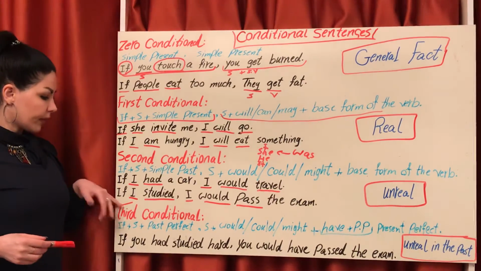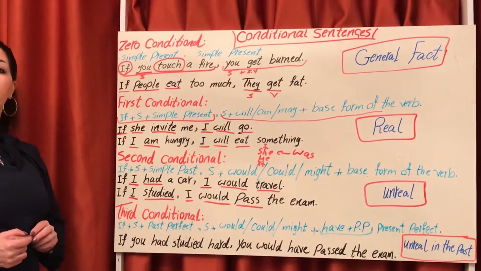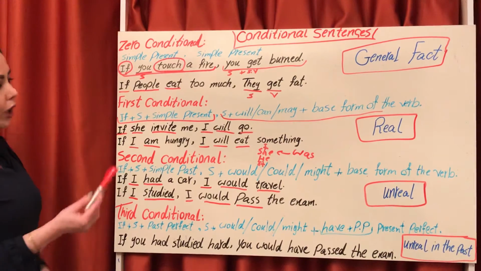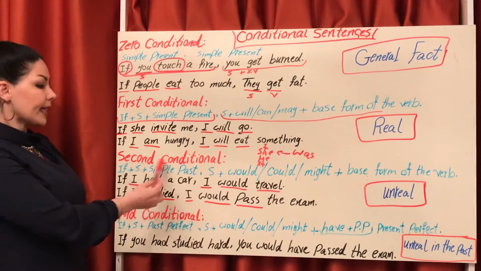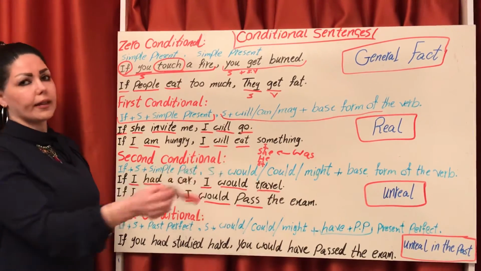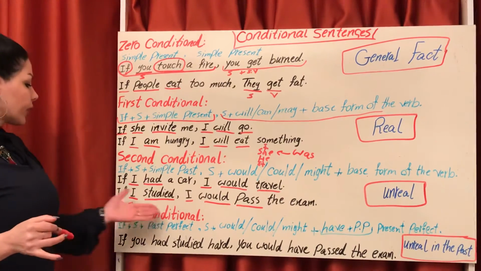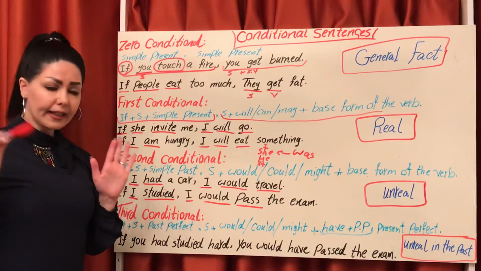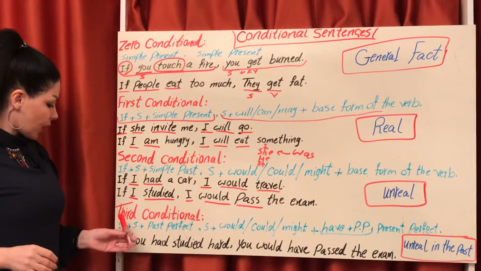Number 4, third conditional. When do we use the third conditional? For unreal situations in the past. Second conditional is unreal, present or future, but third conditional is unreal in the past. What is the structure?